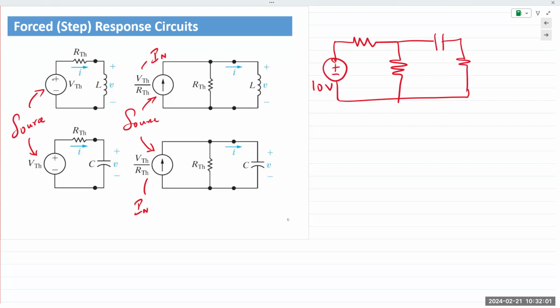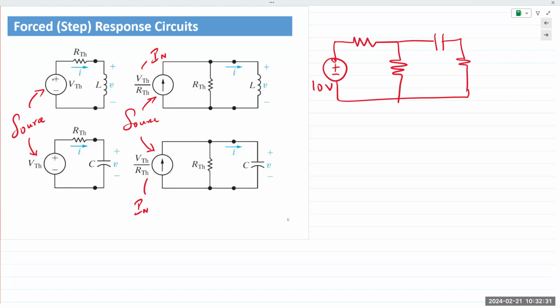Or is it? Are we applying 10 volts to the capacitor? No, because the 10 volts is being applied to the capacitor through these resistors and through this one also, right? Current will flow through all 3 resistors, and some of the voltage of 10 volts will be dropped across these 2 before it goes to the capacitor.